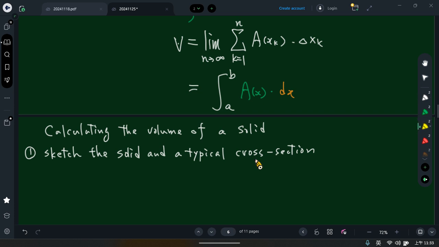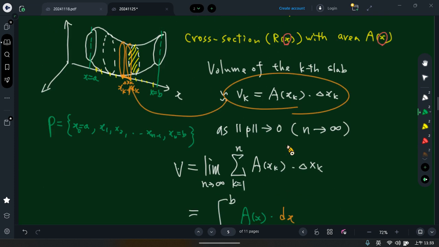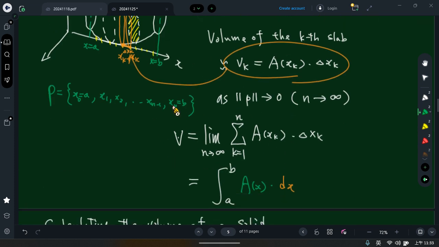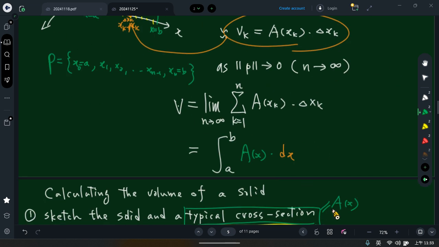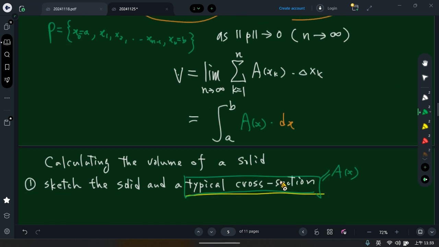So the typical cross section means A of x. That means you need to find some way to model the cross section by A of x. This is the most important part, and also should be the hardest part, the most difficult part.